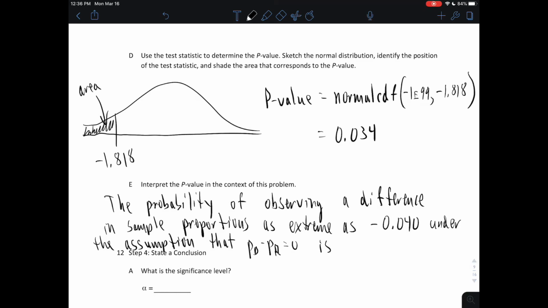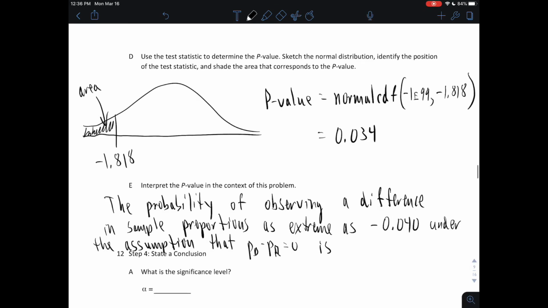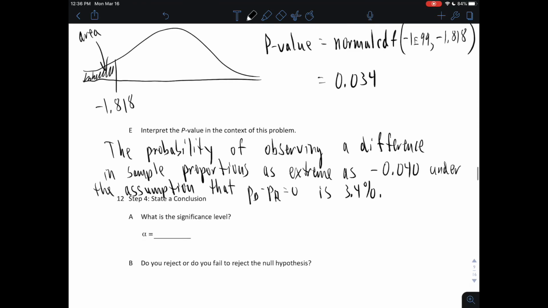The probability of that is our p-value, which is 3.4%.